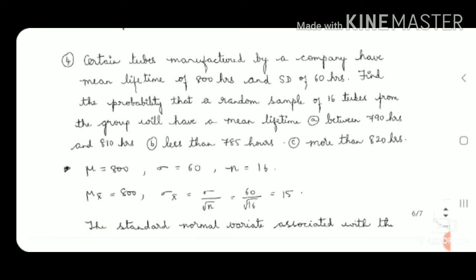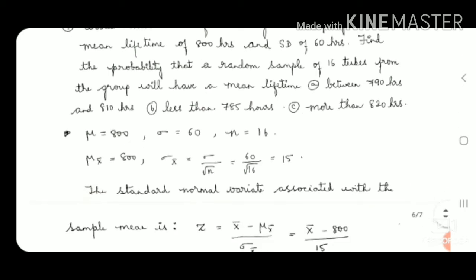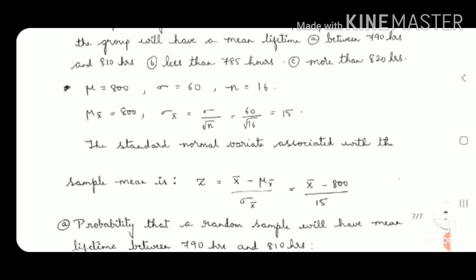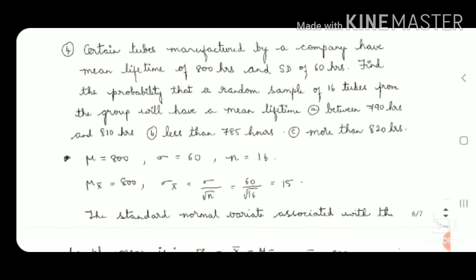We observe that the population mean is 800, the standard deviation of the population is 60, and the sample size is 16. Similarly, the sample mean happens to be 800. Sigma x bar is calculated as 15 because we have a sample without replacement.